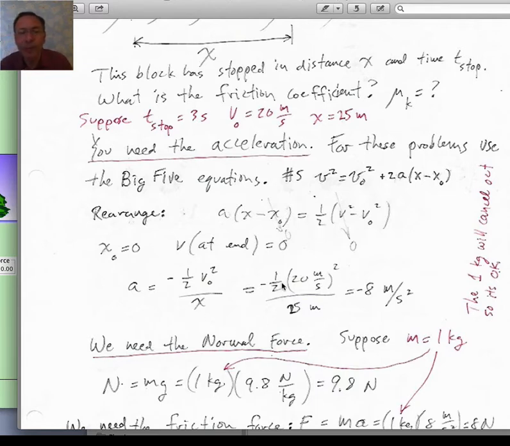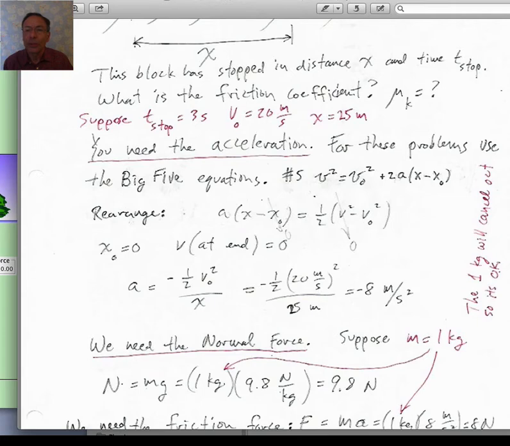Okay, we have negative 1/2. The initial velocity was 20 meters per second, so that gets plugged in. The distance that we were given to stop was 25 meters. Plug it all in, and you get negative 8 meters per second squared. The negative sign makes sense because it's a deceleration.